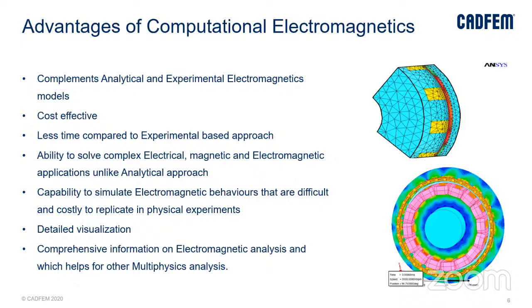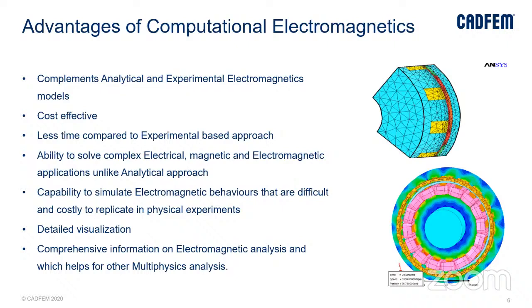The remaining advantages we already came across: the capability to simulate electromagnetic behaviors that are difficult to handle otherwise. It is cost effective, because for some experiments you can't really go for physical testing, like short circuit cases and huge transformers.